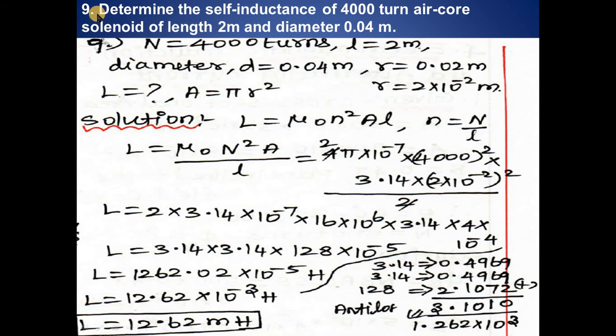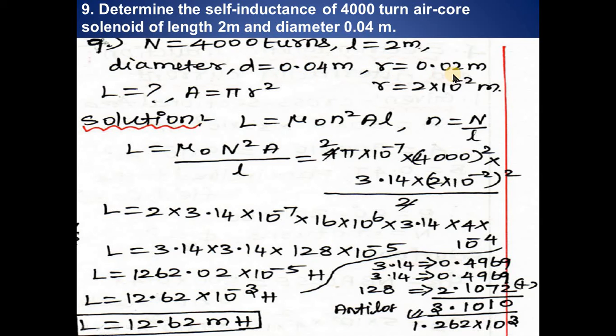Next, ninth problem. Determine the self-inductance of a 4000 turn air core solenoid of length 2 meter and diameter 0.04 meter. Given data: N is equal to 4000 turns, L is equal to 2 meter, diameter D is equal to 0.04 meter.